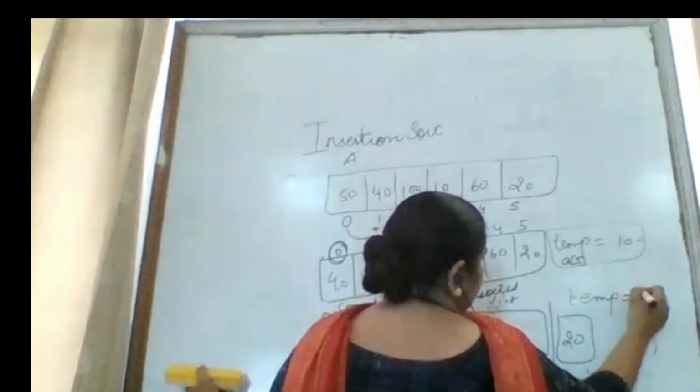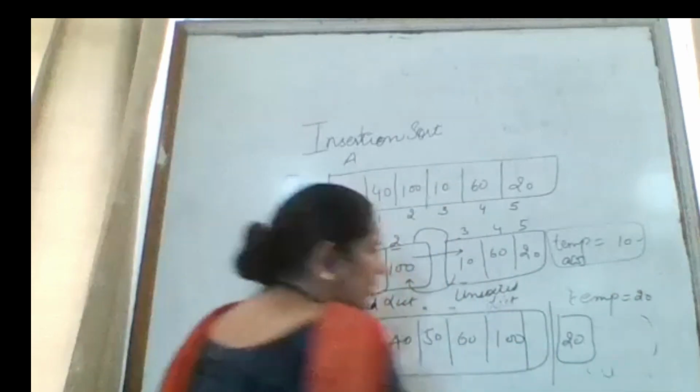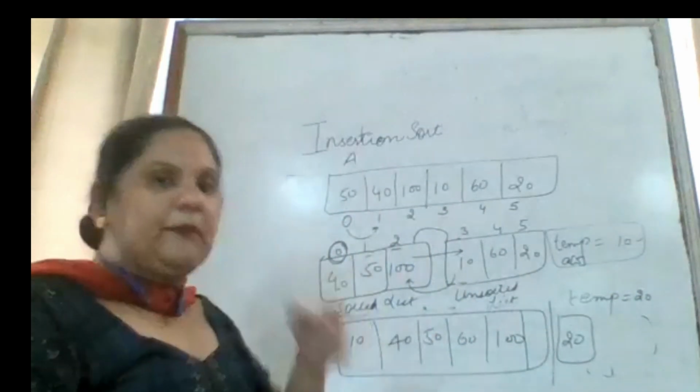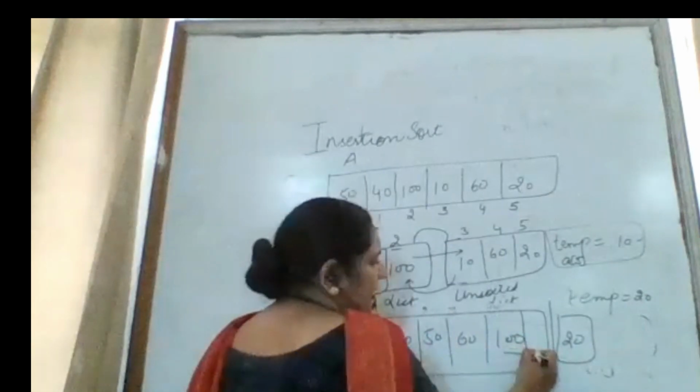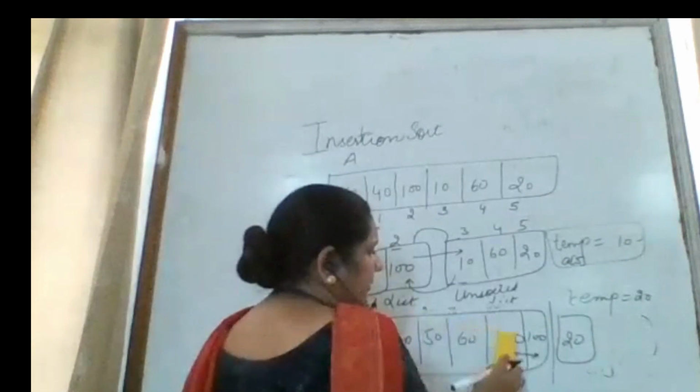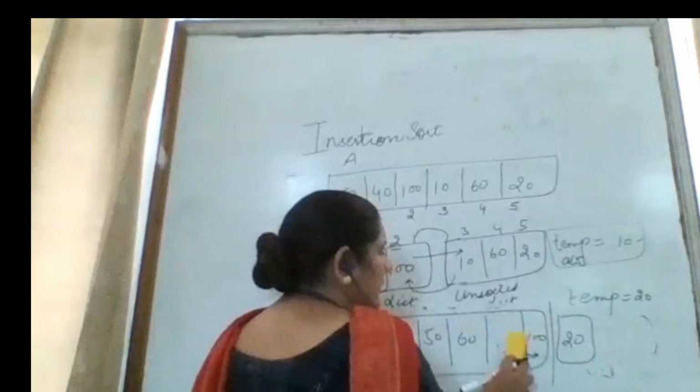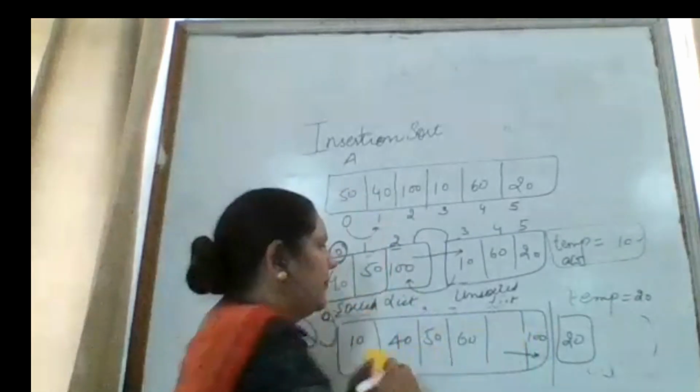Temp is equal to 20. So I'll add one more location, which is an empty location because temp is 20. 20 is smaller than 100. So shift right, you will take 100 here. Then I is equal to I minus 1.